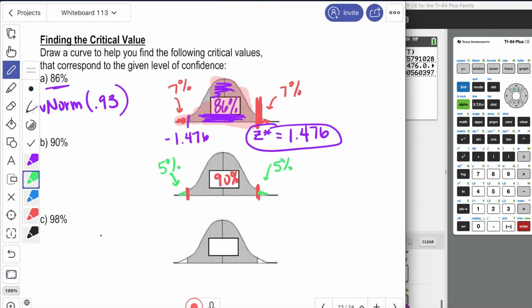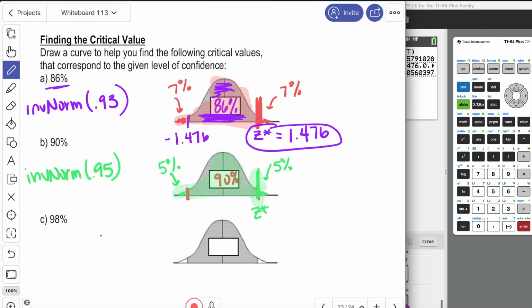And so again, I'm calculating up to this right-hand z-score over here. So this is going to be my z-star. And so when I calculate everything up to and below that, I see that I have to do 90% plus an additional 5%. So this would be inverse norm 0.95.